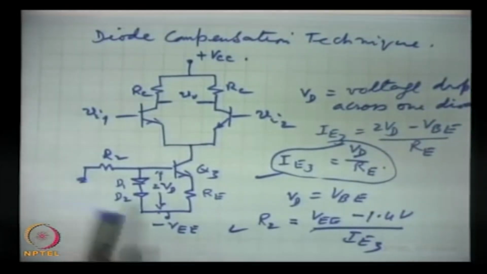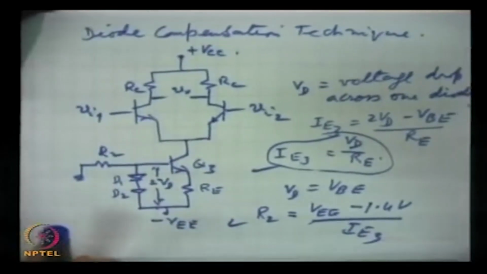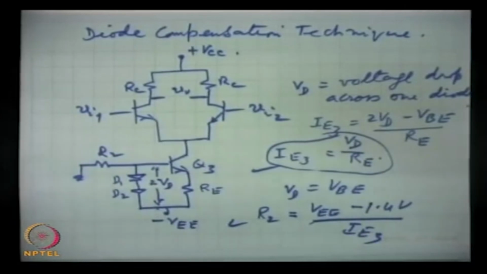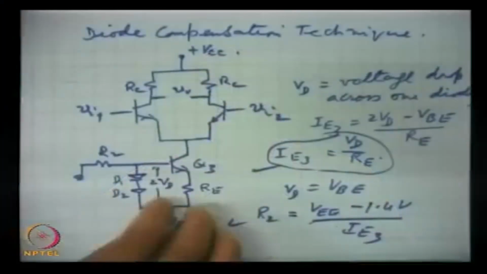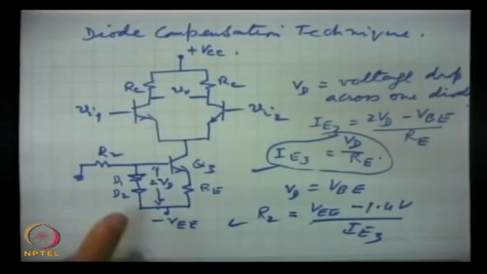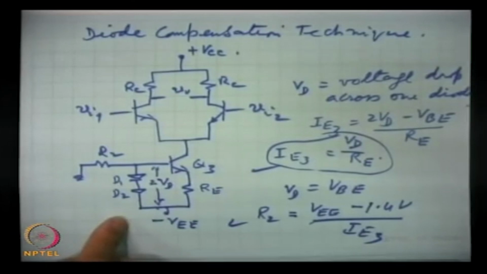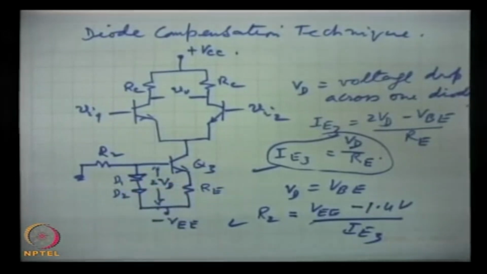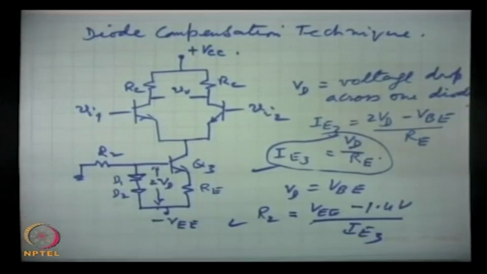So, this is one of the best constant current sources, which takes care of two parameters. The constant current source has a very high source resistance in this circuit, and it also takes care of the temperature variation of this voltage VBE, and so this is one of the best.